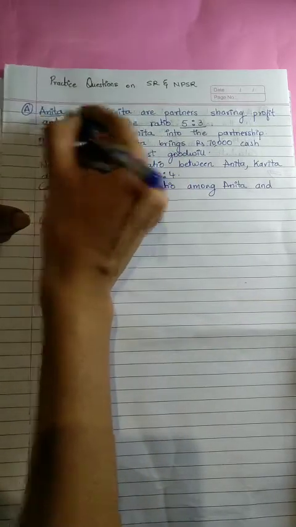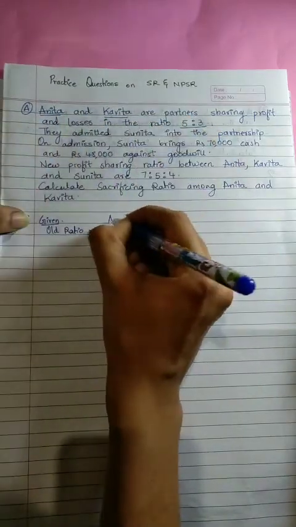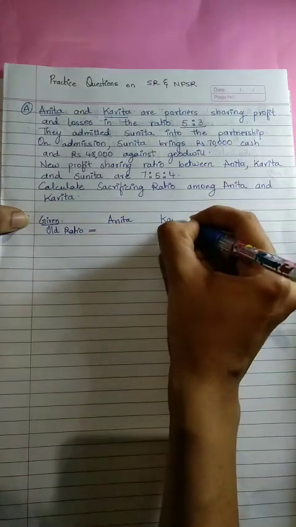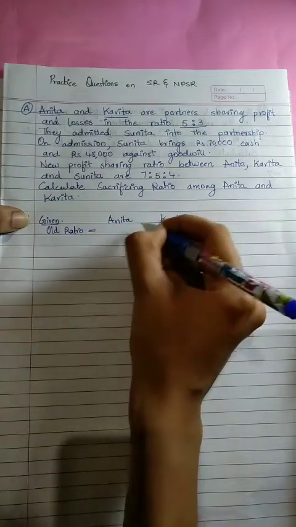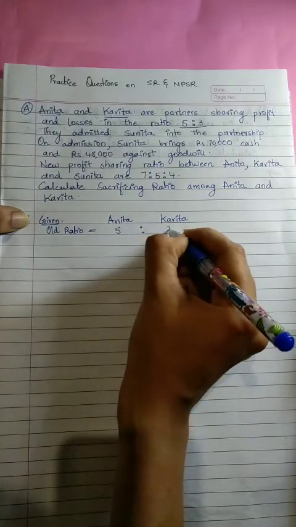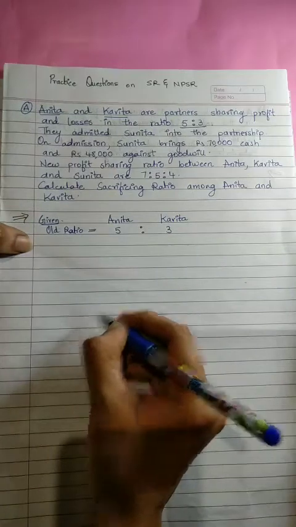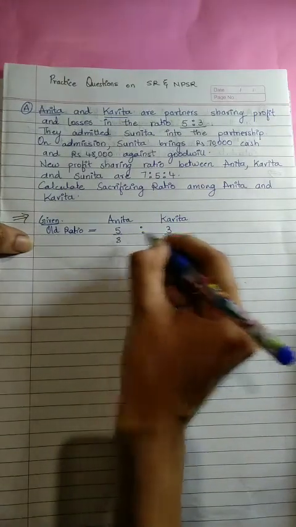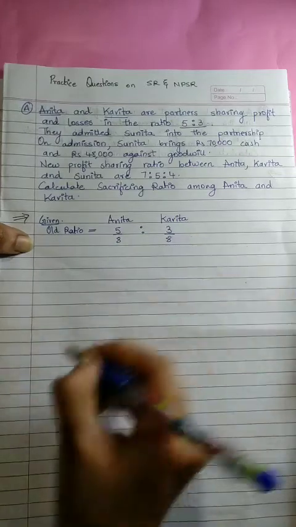Who are the old partners? Anita and Kavita. So Anita and Kavita are old partners and their old ratio was 5:3. This we can write as 5 plus 3, 8. So 5 upon 8 and 3 upon 8.